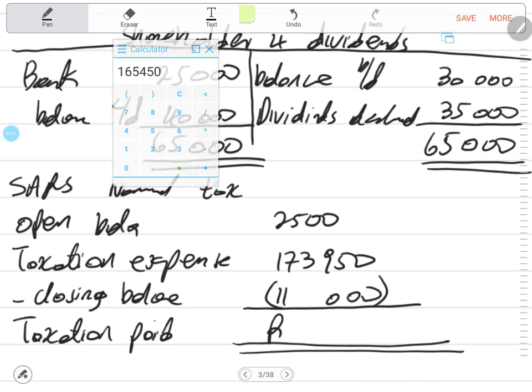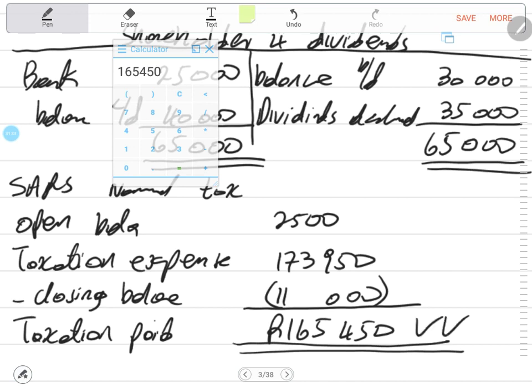We see that we paid SARS 165,450. This is the amount that we have paid to SARS in terms of tax.